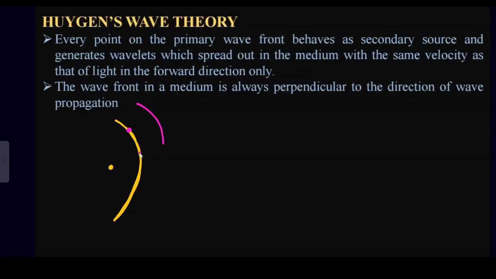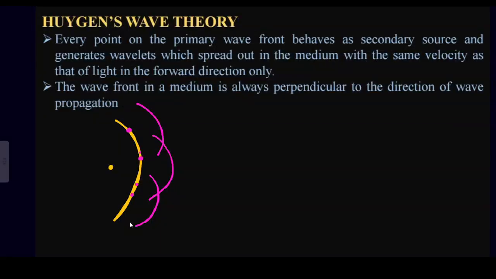And each and every point, I have randomly taken some points now. This point also behaves like a source and will generate waves. This point is also a source, and it will also generate waves. Each and every point.